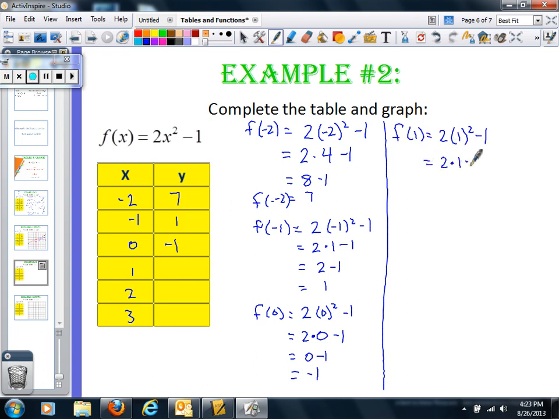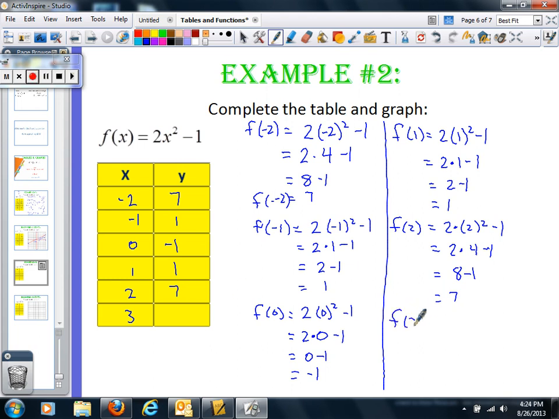That's 2 times 1 minus 1, which is 2 minus 1, and that equals 1. And then you got f of 2, and that is 2 times 2 squared minus 1. This is 2 times 4 minus 1. 2 times 4 is 8 minus 1, and that equals 7.